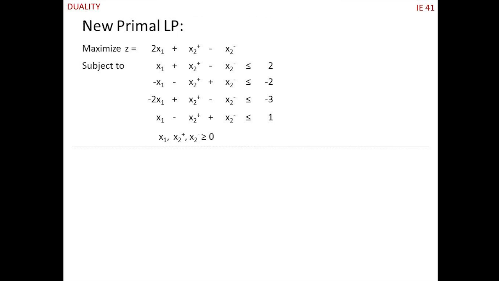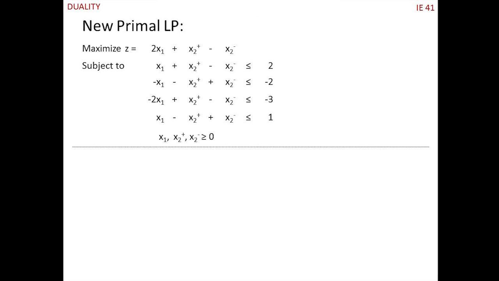Max z is equal to 2x sub 1 plus x sub 2 plus minus x sub 2 minus, such that x sub 1 plus x sub 2 plus minus x sub 2 minus is less than or equal to 2. Negative x sub 1 minus x sub 2 plus plus x sub 2 minus is less than or equal to negative 2.